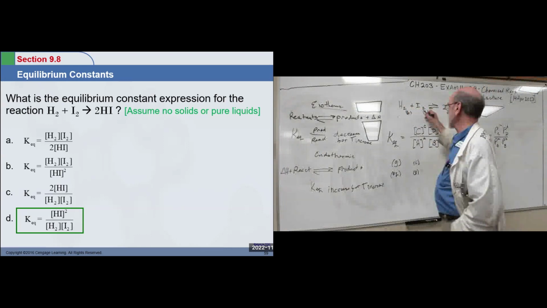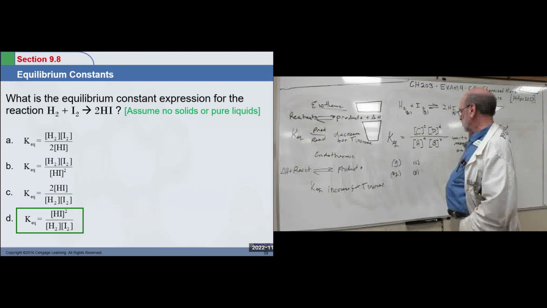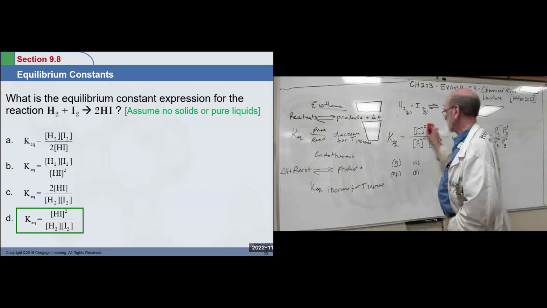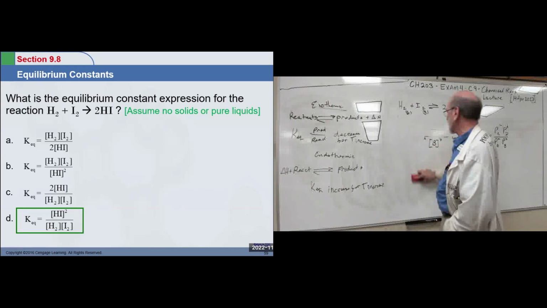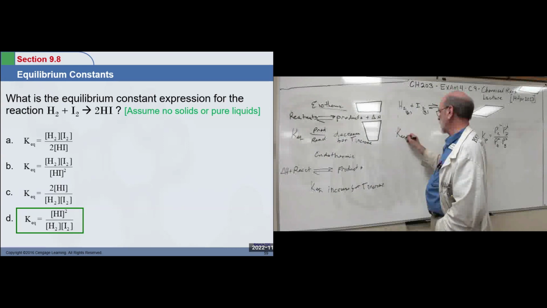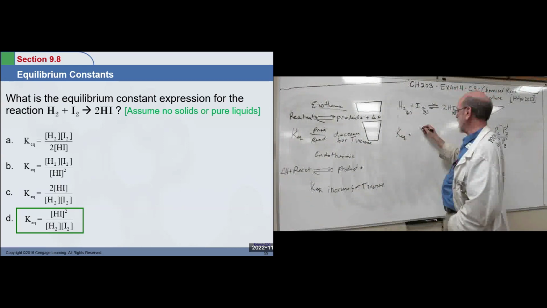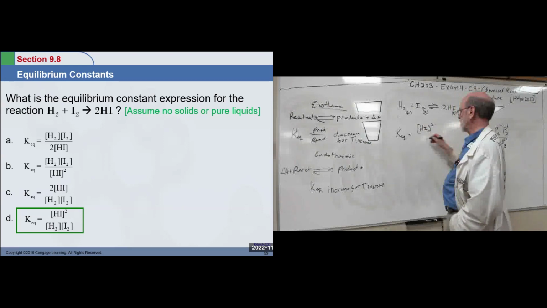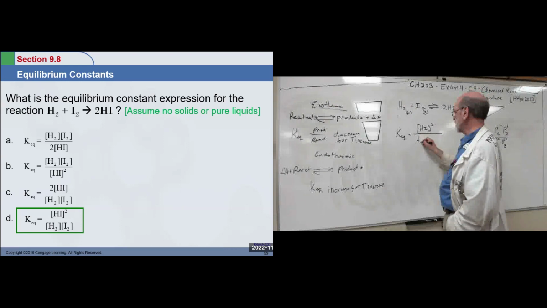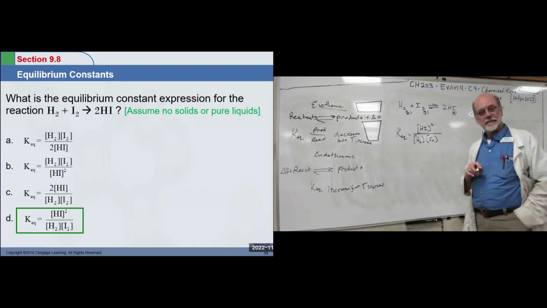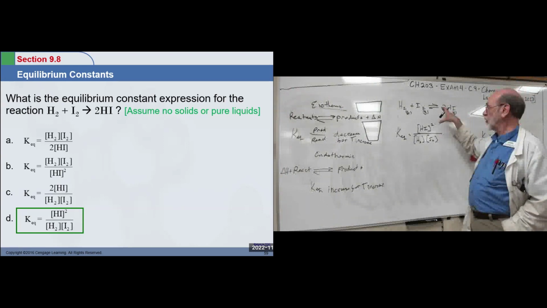So if we're saying everything is a gas, then we can put these terms into an equilibrium expression without worrying about whether they're gas, solid, or liquid, and whether they should or should not be included in the expression. So what would be the KEQ for this expression? Well, the concentration of HI goes in the numerator to the second power. Then the concentration of H2 goes in the denominator to the first power times I2 to the first power. So that would be the equilibrium expression for that equation.